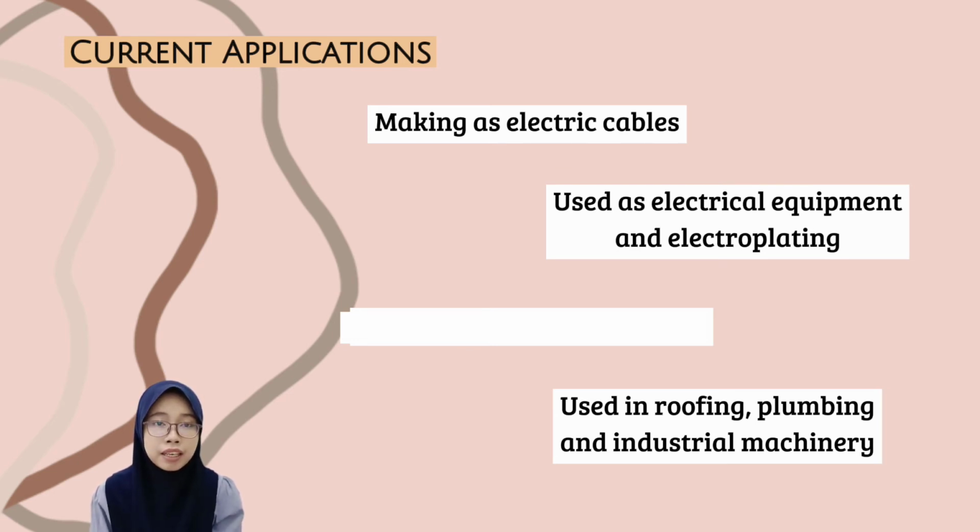Copper wires are used in power generation, power transmission, power distribution for telecommunication, electronic circuitry, and countless types of electronic equipment. Copper is also used in electroplating. Other than electrical wiring, the other main applications of copper are roofing, plumbing, and industrial machinery.